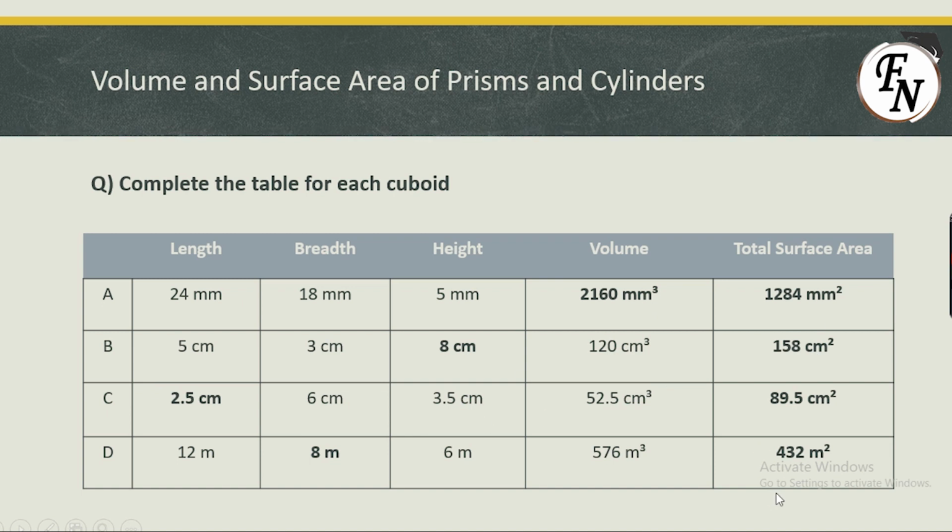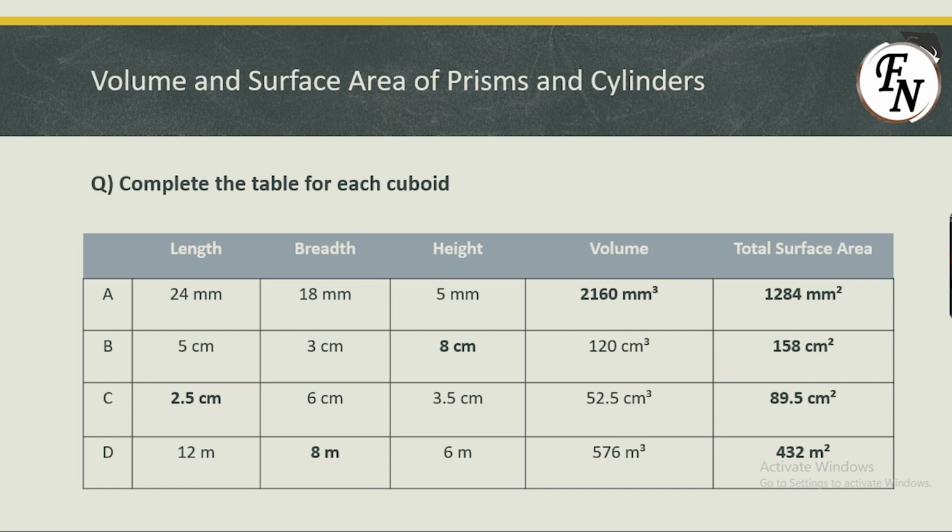If we have a scenario where the total surface area is given to us and we need to find the volume and the particular length which is missing, we can use the formula for surface area first to find the missing dimension, which may be any length, and then after finding that length we will multiply length, breadth, and height again to calculate the volume.